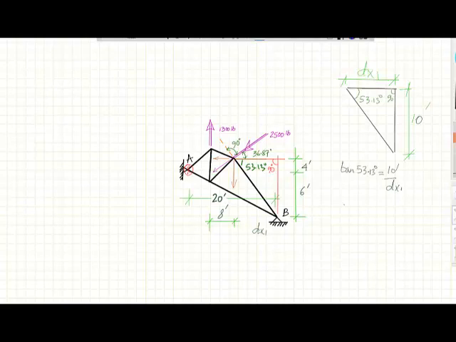So dx1 is equal to 10 feet divided by tangent 53.13 degrees, and dx1 is equal to 7.5 feet.